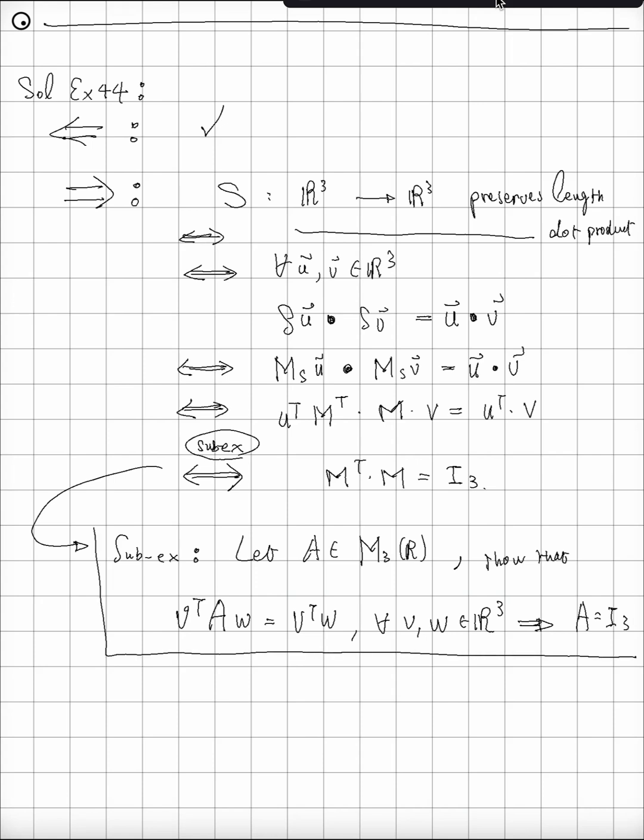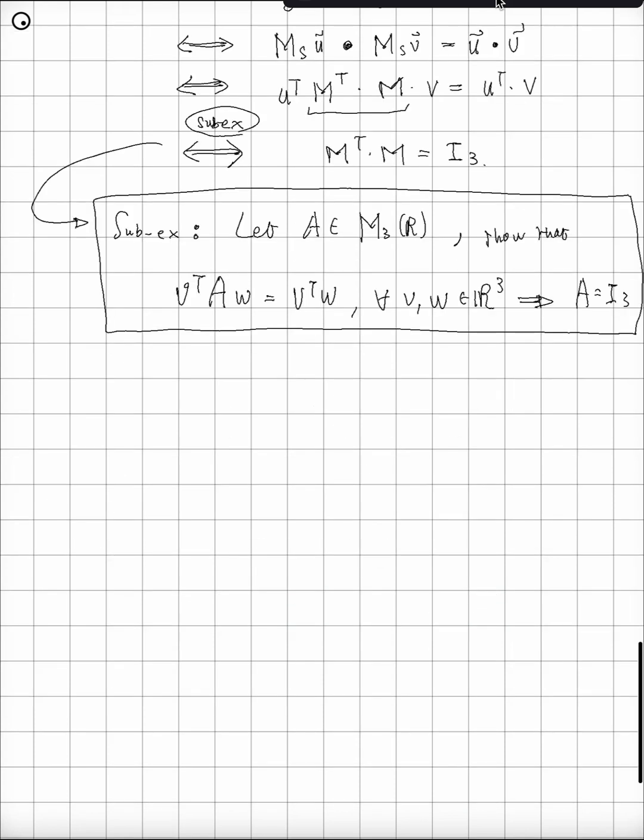This is the sub-exercise, and applying this sub-exercise, we will have M transpose times M equals identity. That's what we want to prove. Okay, so we are only left to prove this sub-exercise.